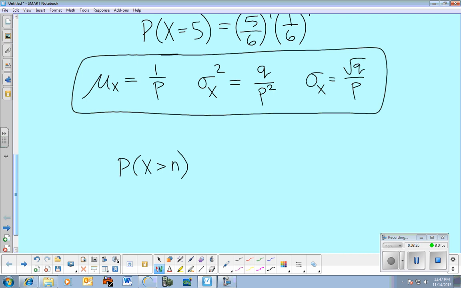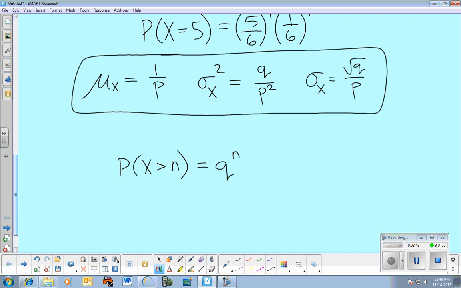The probability that the number of trials is greater than n, whatever you need n to be, is just q to the n. Think about that. It makes sense. Say I'm rolling dice, I want to know what's the probability that I can roll 5 times before I see my first 7.